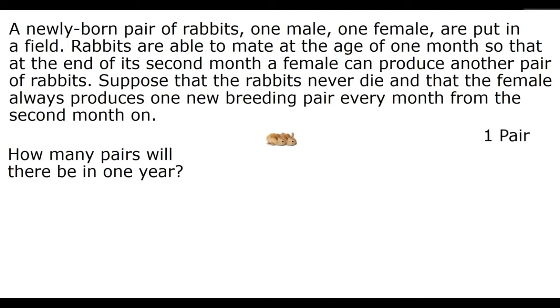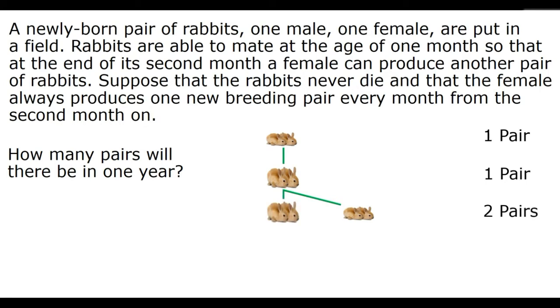So we have one pair of rabbits. At the end of the first month, they mate, but there is still only one pair. At the end of the second month, the female produces a new pair. So now there are two pairs of rabbits in the field. At the end of the third month, the original female produces a second pair, making 3 pairs in all in the field.